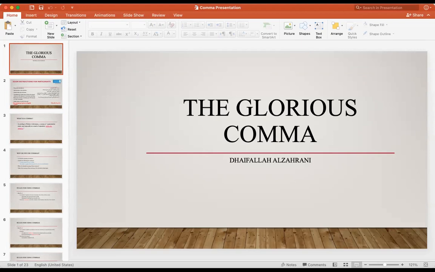Now, we should actually start by rule number 2, because I have switched the slides, so that might be a mistake. Let's look at the rule and let's see the examples. Use commas to separate words and word groups in a series of 3 or more items.